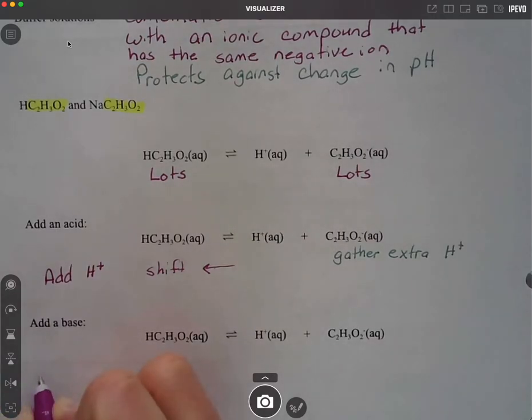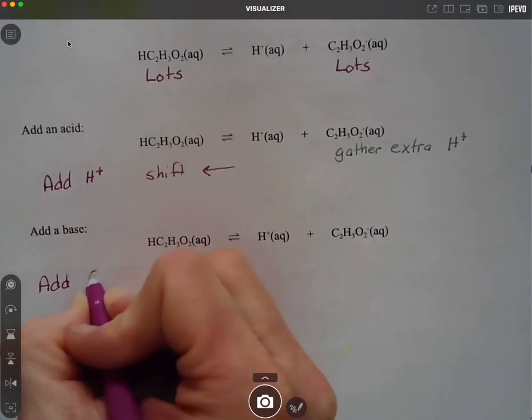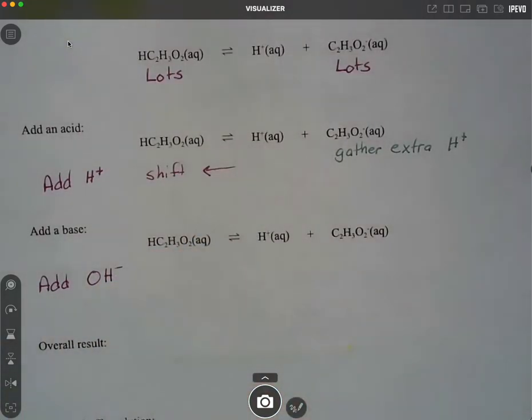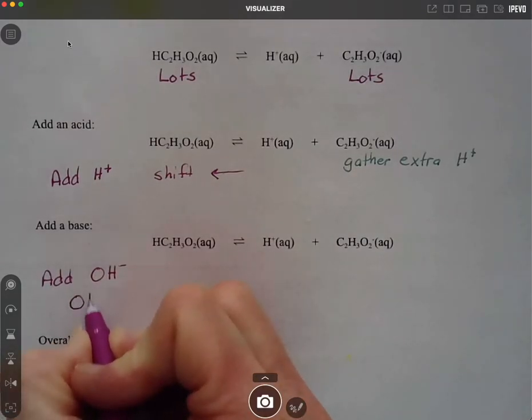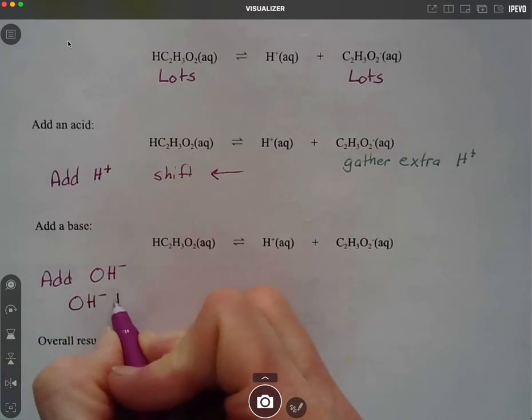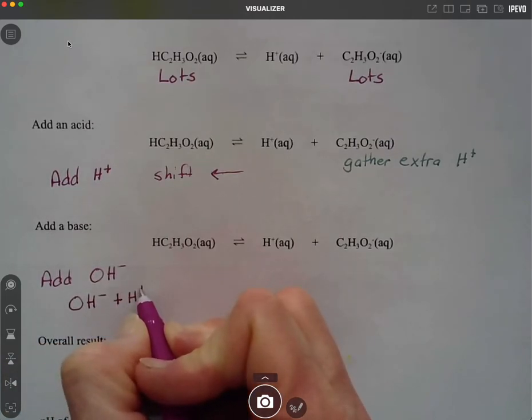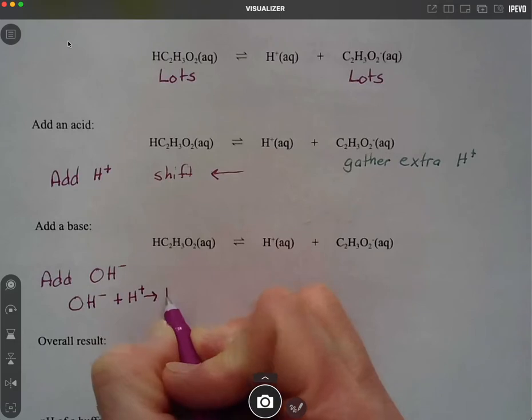If you add a base like sodium hydroxide, the situation is slightly more complicated. We're adding hydroxide ions. Those hydroxide ions react with the hydrogen ions to produce water.